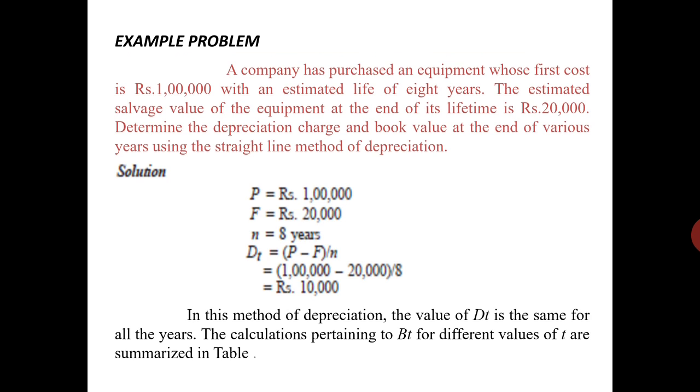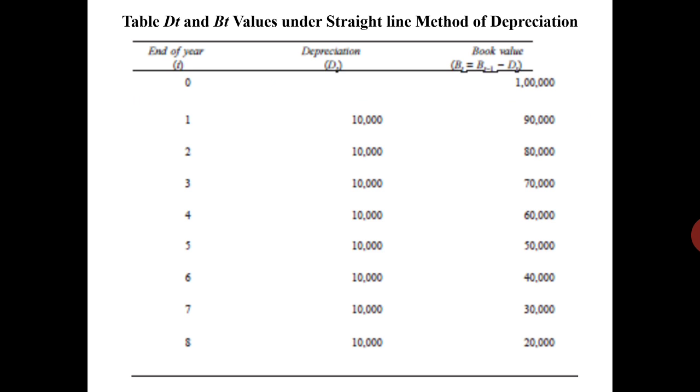Already I said in the last slide that in the straight line method, the value of depreciation is the same for all years. That is shown in the table. This table shows depreciation and book value under the straight line method of depreciation. At the top of the table: end of year, depreciation, book value.